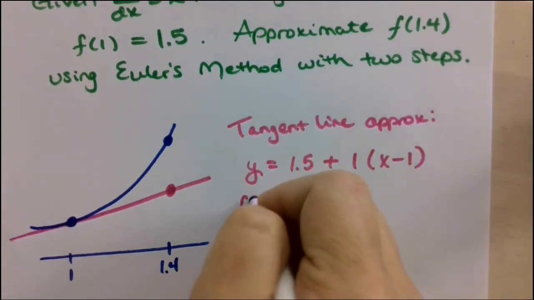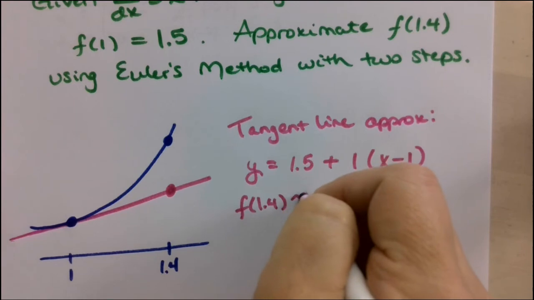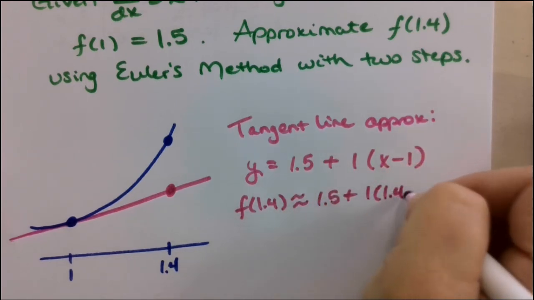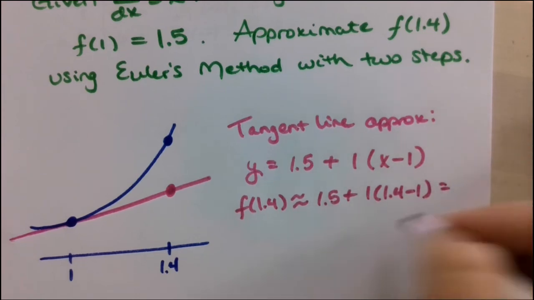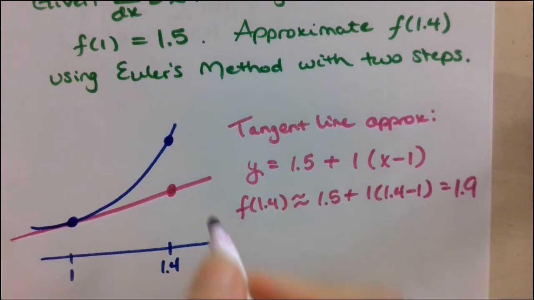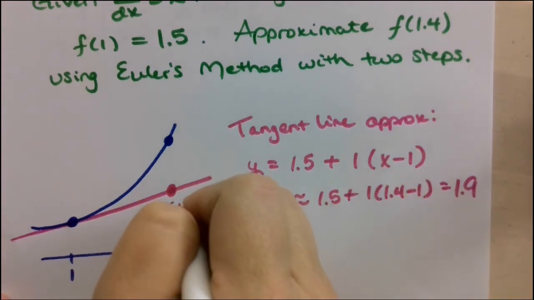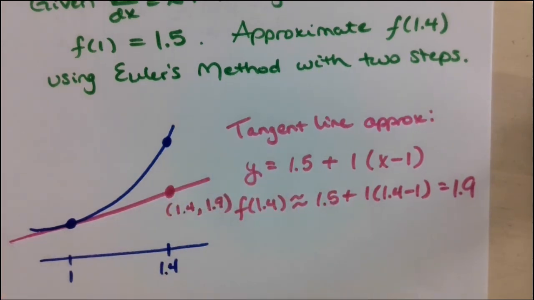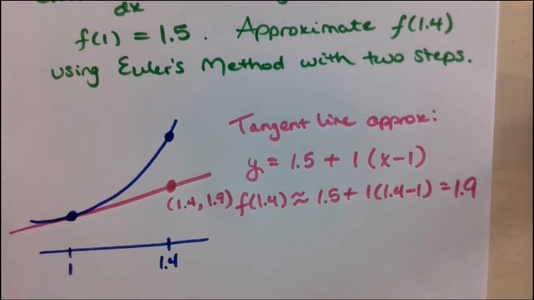And if I want to approximate 1.4, I'm going to plug that in for x. If I calculate that all out, it's going to give me 1.9. So this point has the coordinates (1.4, 1.9). And that would be an okay approximation of our function value up here.